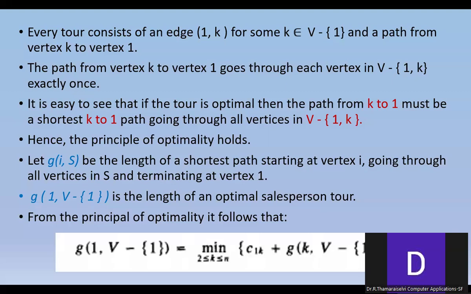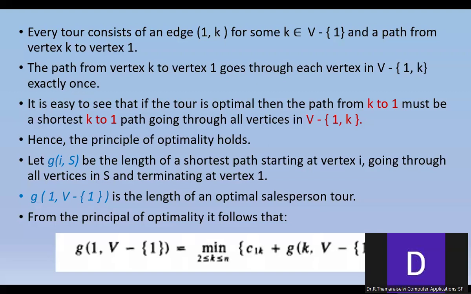It is easy to see that if the tour is optimal, then the path from k to 1 must be a shortest k to 1 path going through all vertices in V minus {1, k}. Hence, the principle of optimality holds. Every time we are selecting the optimal route. Then let g(i, S) be the length of the shortest path starting at vertex i, going through all vertices in S and terminating at vertex 1.